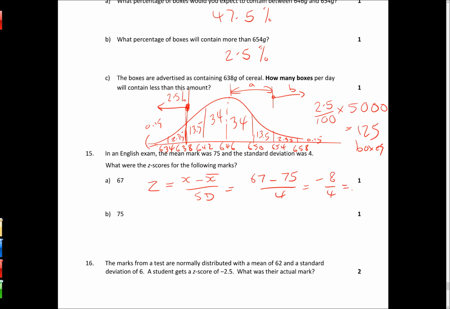And minus 8 on 4, that's a minus 2. He scored 2 standard deviations below the mean. Yeah, he scored 2 4s below 75. The next person, I could already see the answer. If the mean was 75 and he got 75, his Z score is 0. If you want to prove it, Z score is the score he got of 75 minus the mean of 75 on a 4, which is a 0 on 4, which, as I said, is 0.